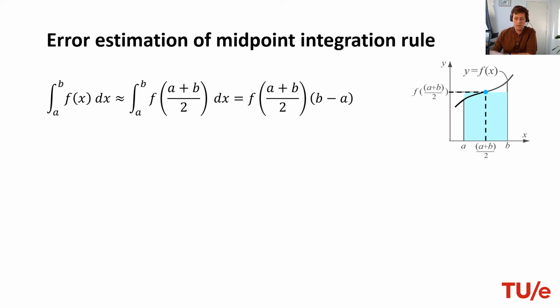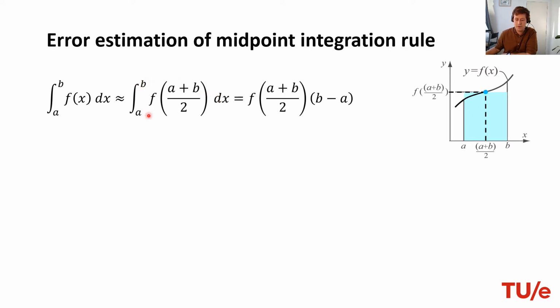Now, let's start out with the midpoint integration rule, and we will do an error estimation for it. Just to recap, for the midpoint integration rule, we approximate this function, this black line over here, which we want to integrate from A to B, using the function evaluated at the midpoint, a plus b over 2.